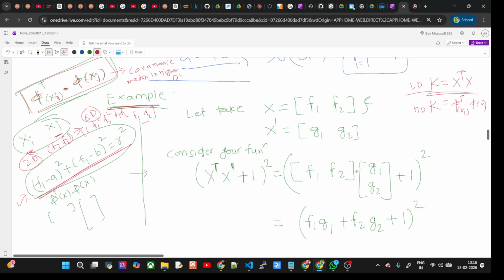But now we are considering another function, the polynomial function x transpose x prime plus 1 and whole square. Because it's non-linear, we want to show a non-linear relationship, that's why we took the square. This is just the example we are taking; there are many other examples also.